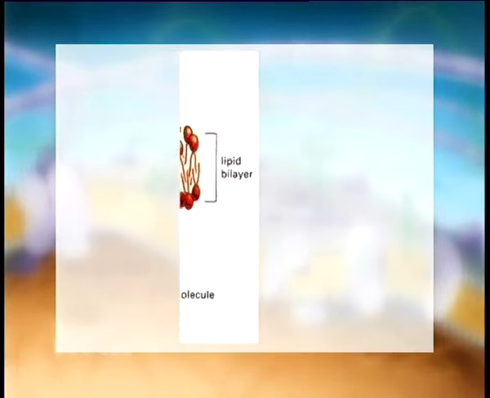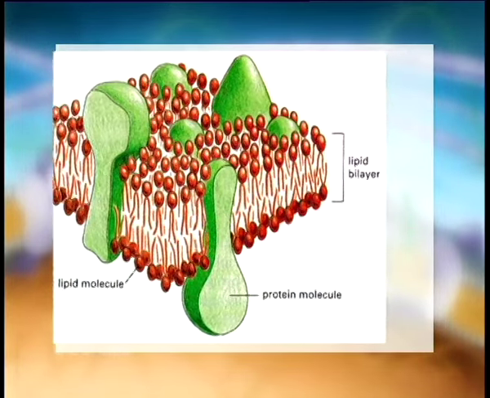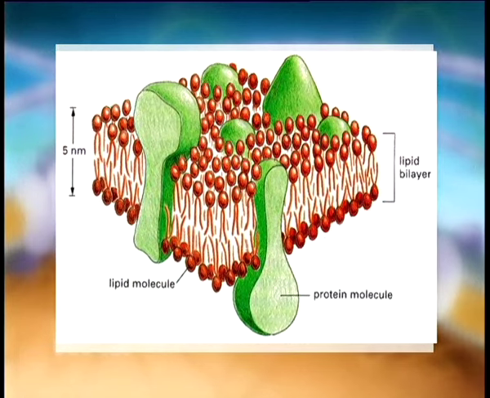According to this model, the membranes are 2-dimensional solutions of oriented lipids and proteins. The scattered arrangement of protein molecules in the matrix of phospholipids gives the arrangement of a mosaic pattern, hence the name to the model. These membrane proteins are free to diffuse laterally in the membrane.